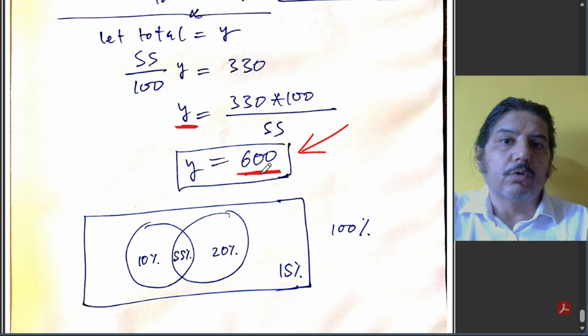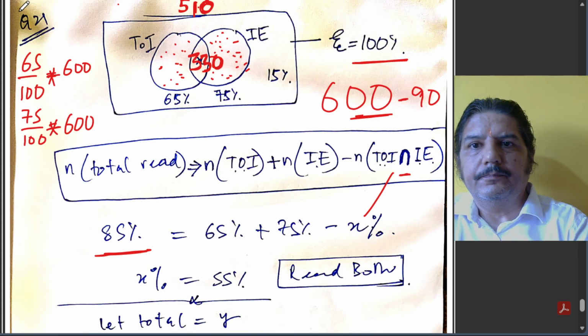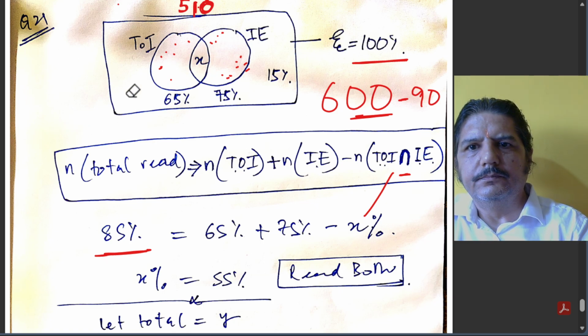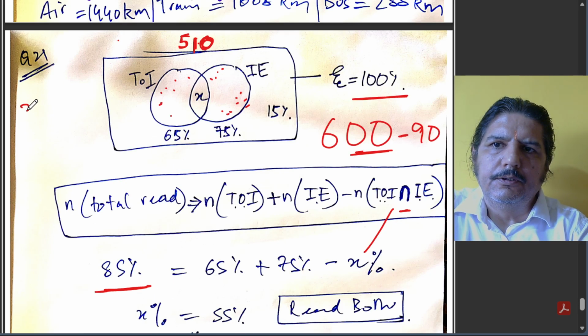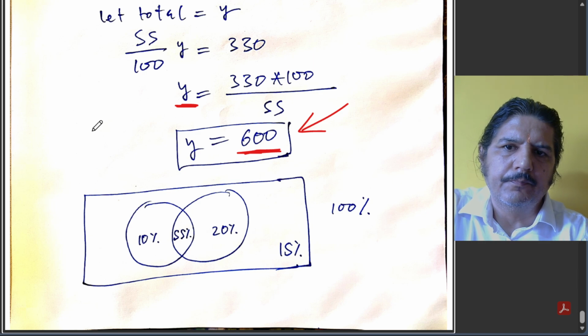The total number of people in the locality is 600. And this 330 upon 600, if you calculate this into 100, this would be 55%. So that is why I have written here 55%. These 55% of the people are the people who read both the papers.